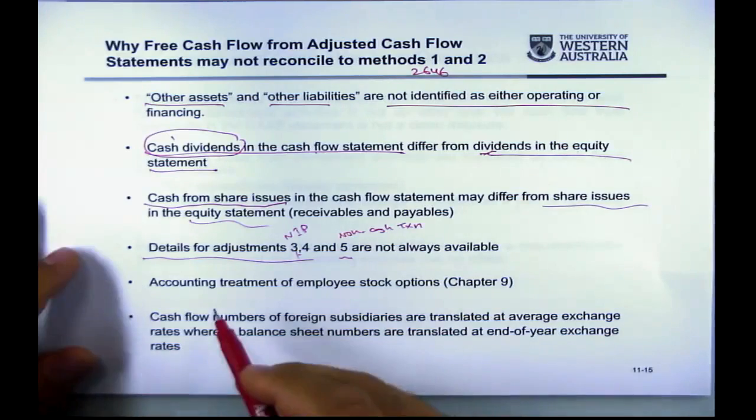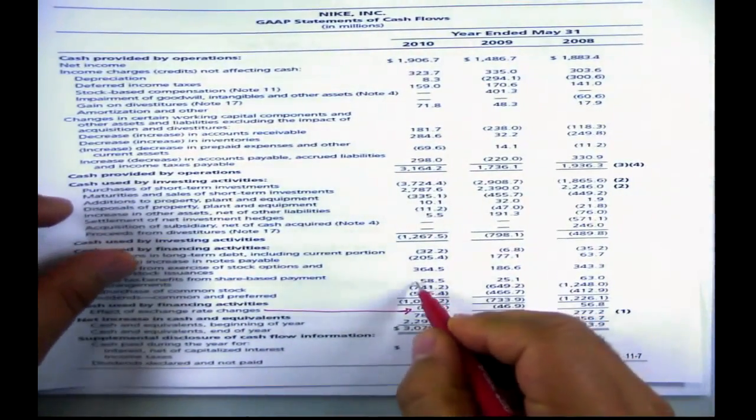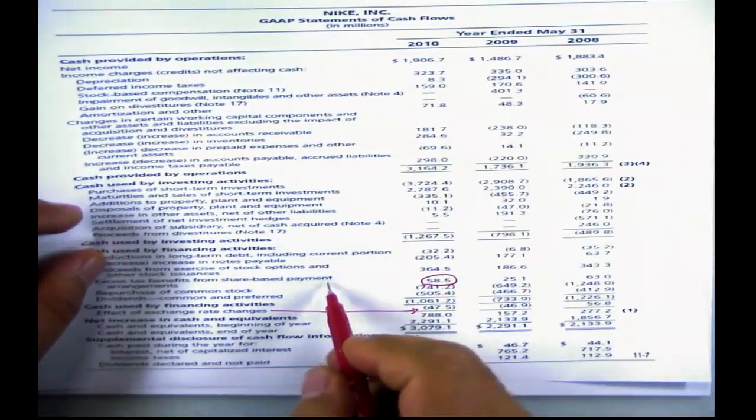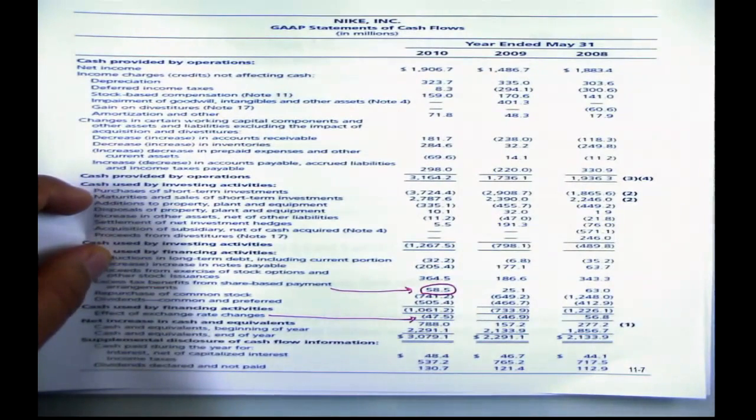Also, the accounting treatment of employee stock options, if you still remember, there, the loss from the exercise of these options, you remember this lovely figure, 58.5. This is the tax benefit from exercising option incentives.